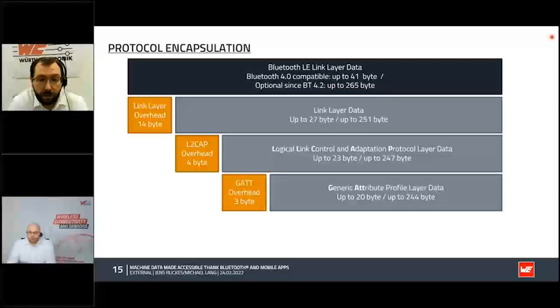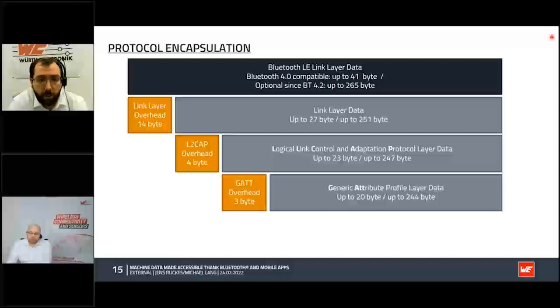So over 20 bytes of 41, a bit more than 50% overhead. That's quite harsh to get your data over. But most of the overhead is defined by the Bluetooth standard, and the best thing you can do is get a newer standard and use more data, so bigger radio packets.